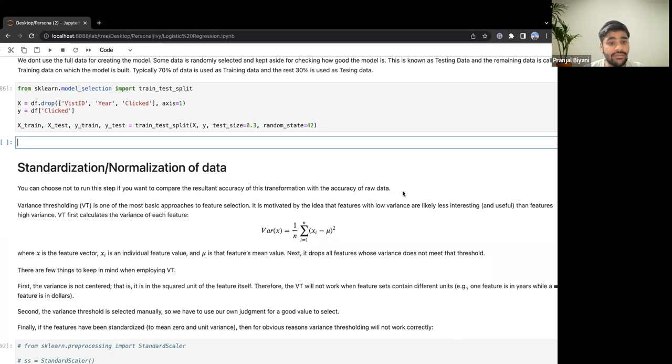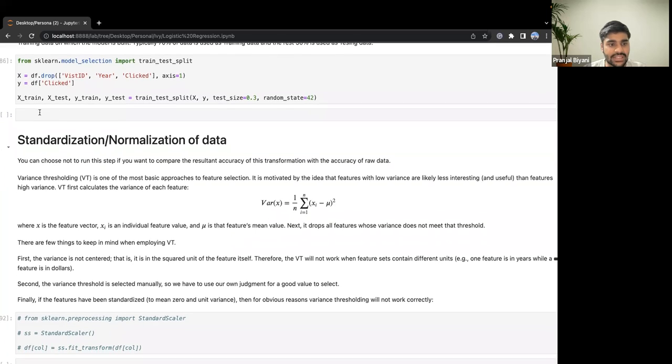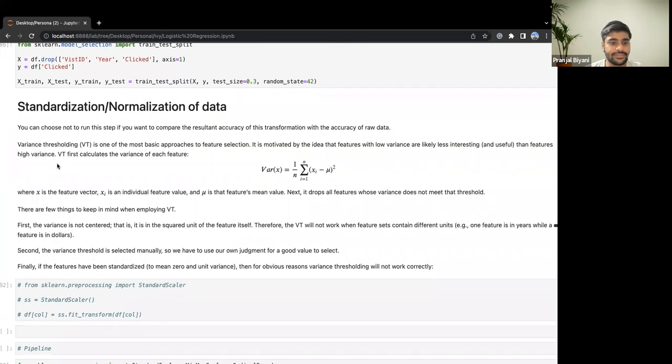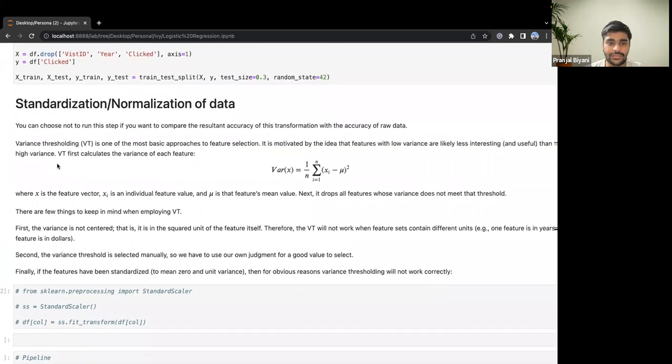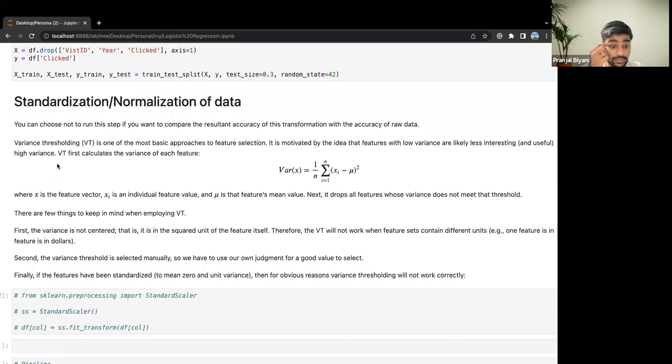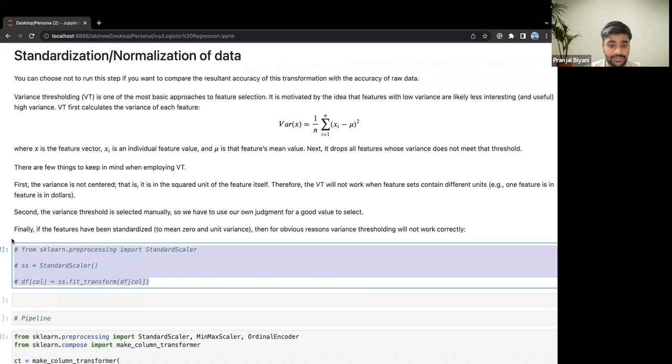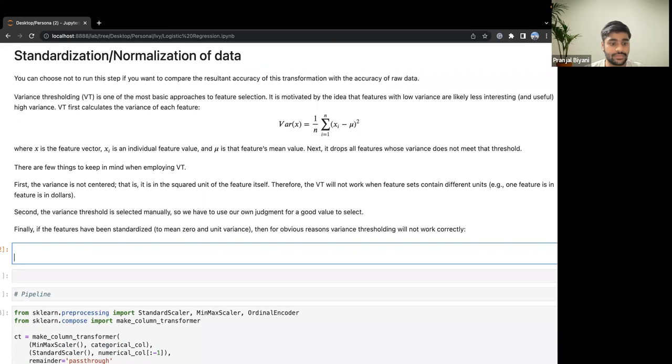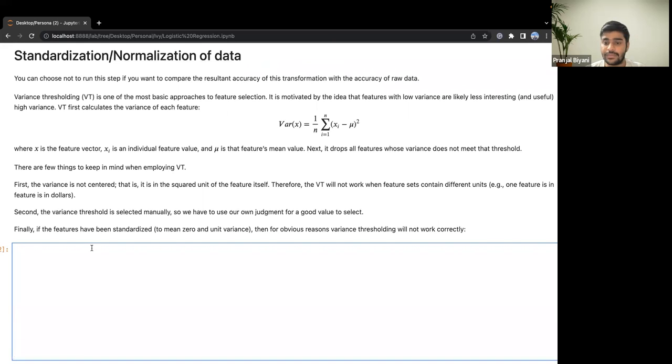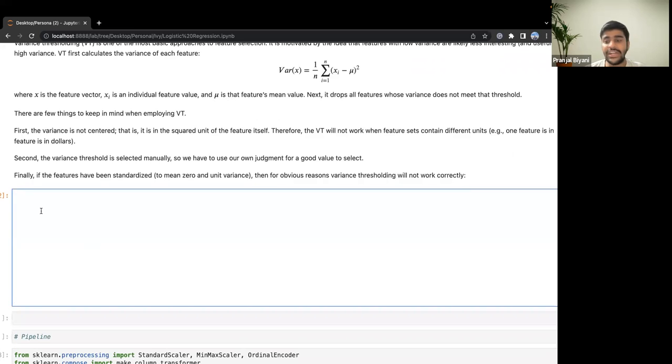We stopped here, right? Standardization, normalization of data. Did we discuss this? Guys online, does anyone remember? We did not discuss this, right? What happened? Why is nobody vocal?